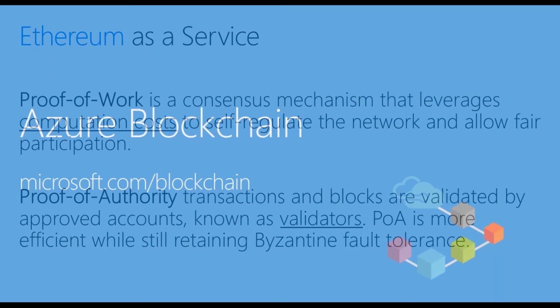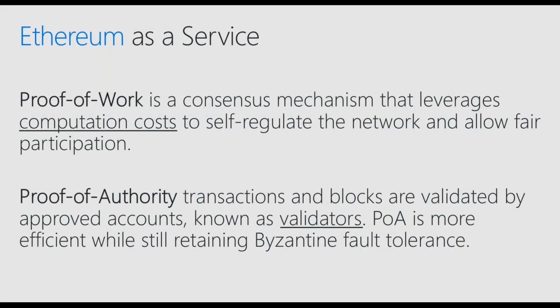So in brief, Ethereum as a service can be offered as proof of work, which is the public Ethereum, a consensus mechanism that is very computationally expensive. You have probably heard that proof of work mining for Bitcoin is extremely expensive from an electricity utility bill point of view.